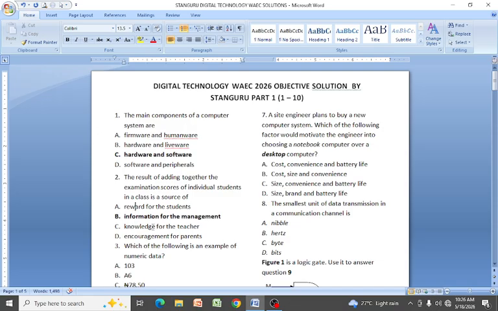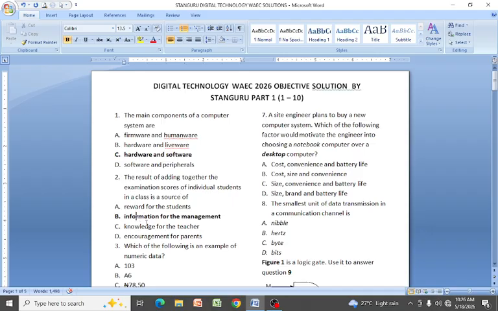And option C, knowledge for the teacher: yes, teachers may learn from it, but it is not classified as information output. Then option D, encouragement from parents: parents may feel encouraged, but that is not a technical classification. So the correct answer is information for the management, because when we have data and we process data, what we must get is called information.